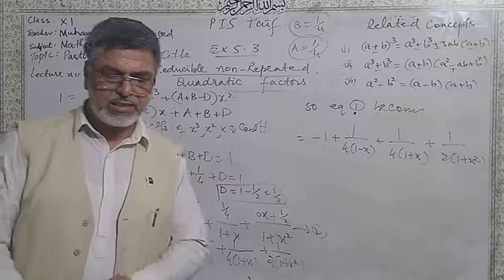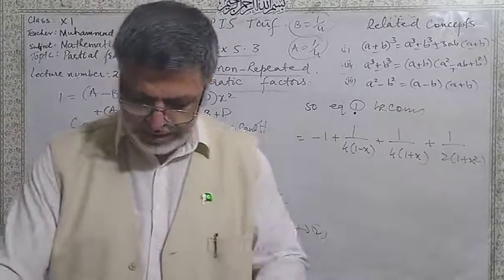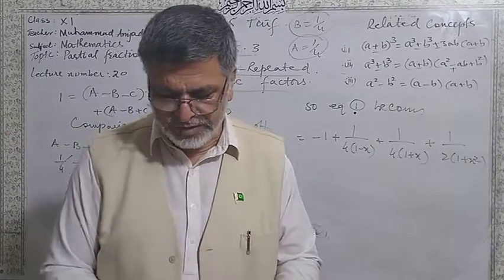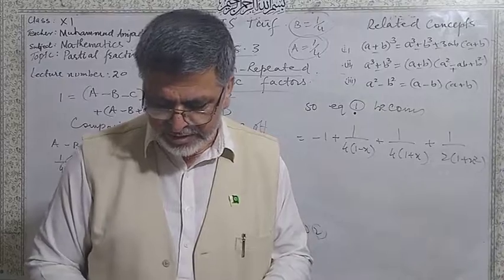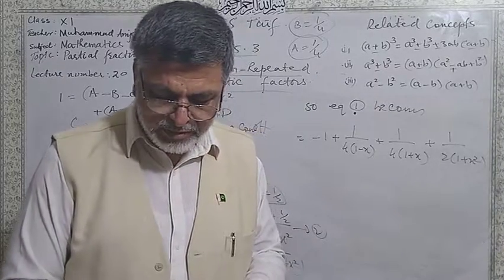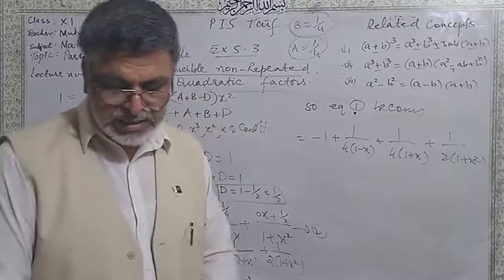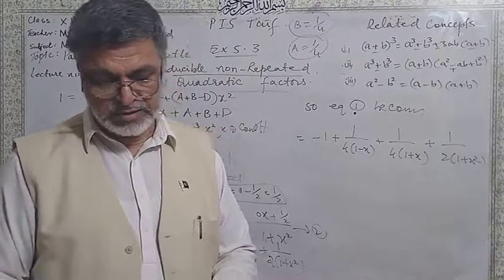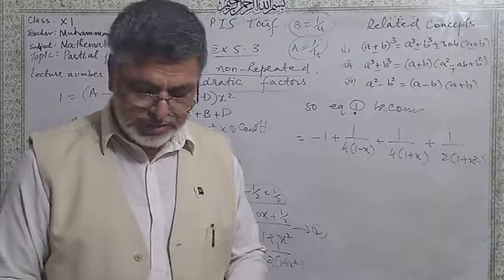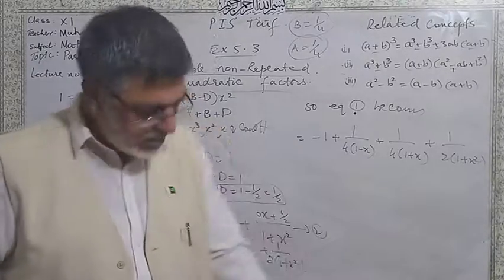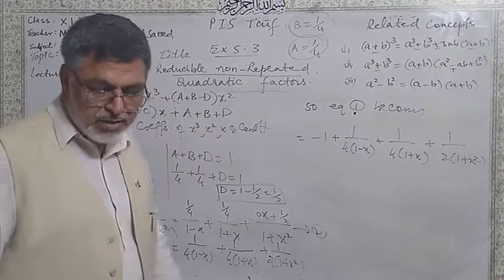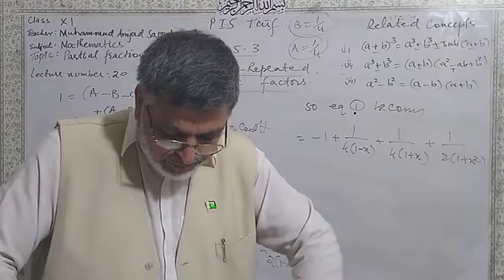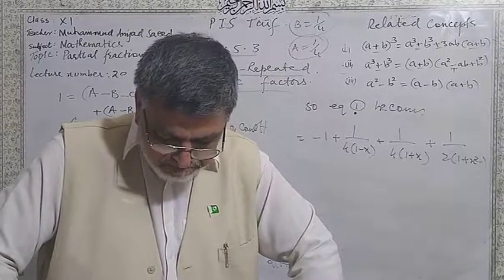This is your answer of question number 9, exercise 5.3. Now we can check it. Okay. So this was your question, this was your answer. It's correct. After that, we have question number 10.